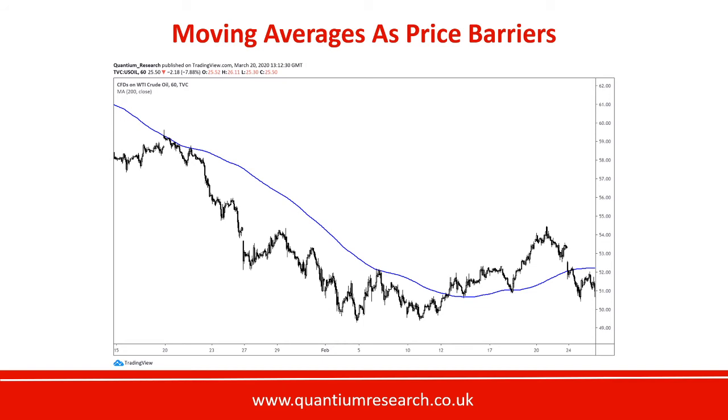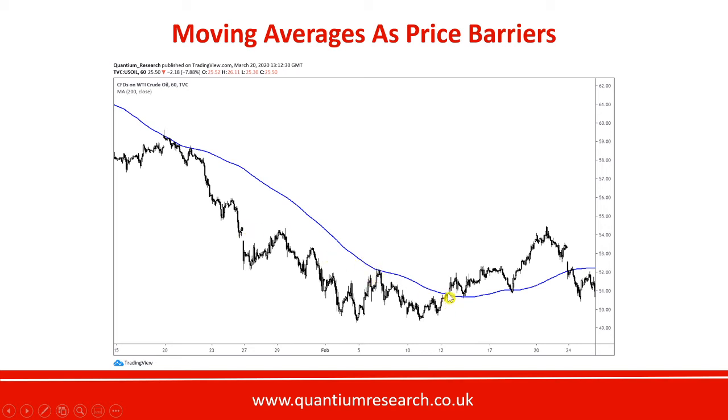We've got another example from hourly oil prices, meaning each candlestick represents an hour of trading data. A 200-period simple moving average is used as resistance throughout the downtrend, and it turns into support during the uptrend. So we can see this area is a bit of resistance, and another bit of resistance here.